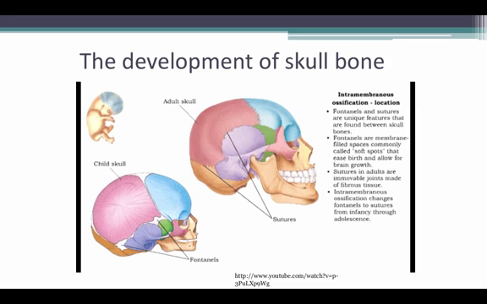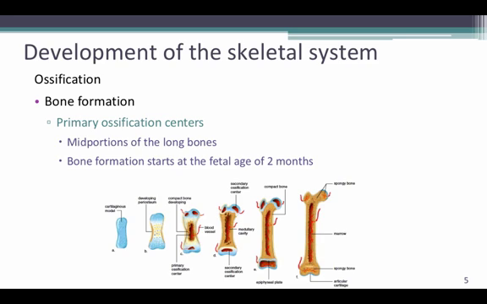Cool. So we can see here that the fontanelles will eventually ossify to form sutures, which are little joints within the skull. Ossification is the process of bone formation. The primary ossification centers are located in the mid-portions of the long bones, which are bones such as the femur, which is located in your leg.